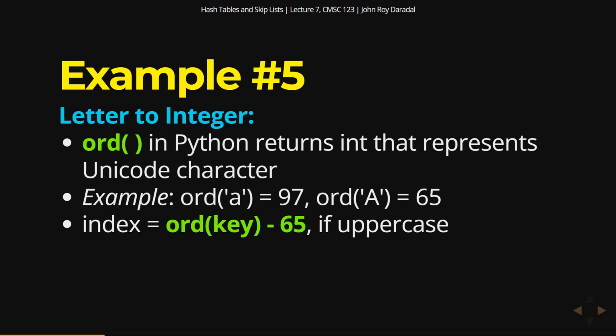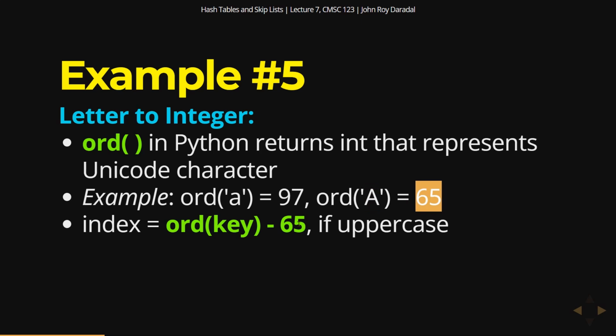Okay, so if we want to make this fit into an array of size 26, so that the indices are only from 0 to 25, we have to transform it like this. So ord of the key gives these numbers, and then minus 65 if it's uppercase, because uppercase A starts at 65.